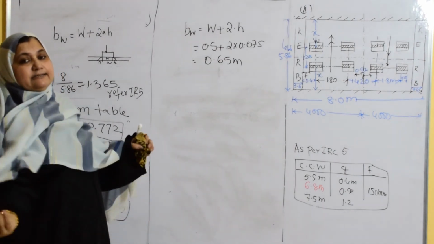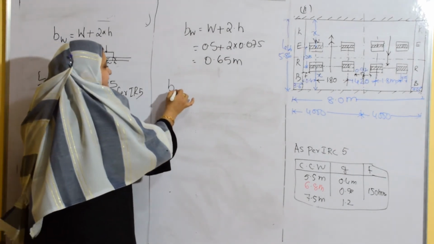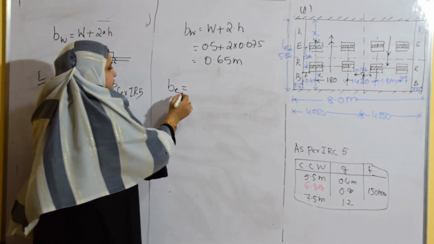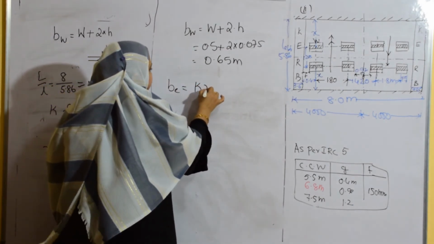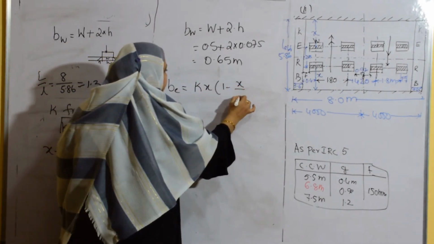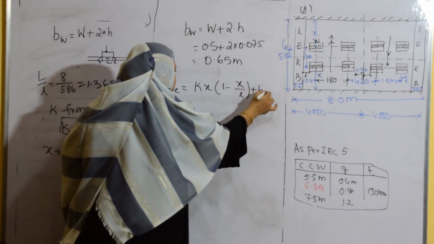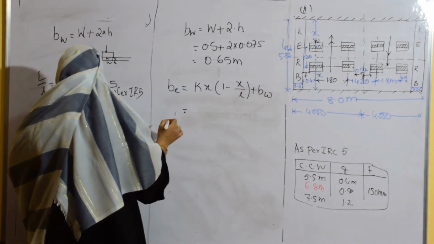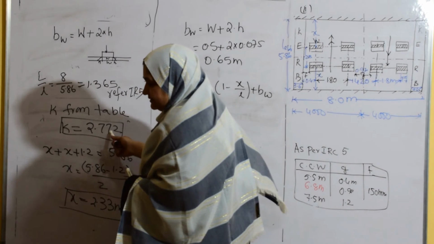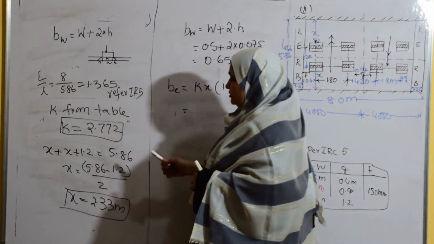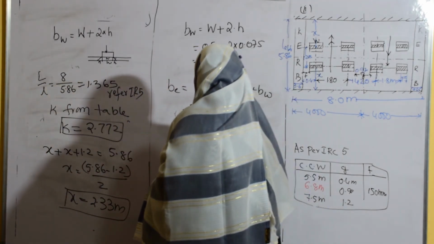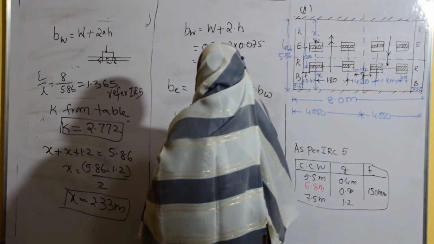Simply calculate the effective width on which the load is getting dispersed. So it's Kx into (1 minus x by L) plus Bw. So let me calculate. K is 2.772. 2.772 into x.